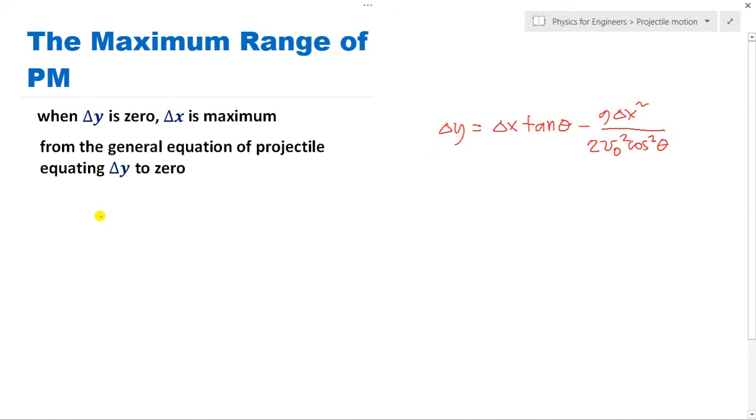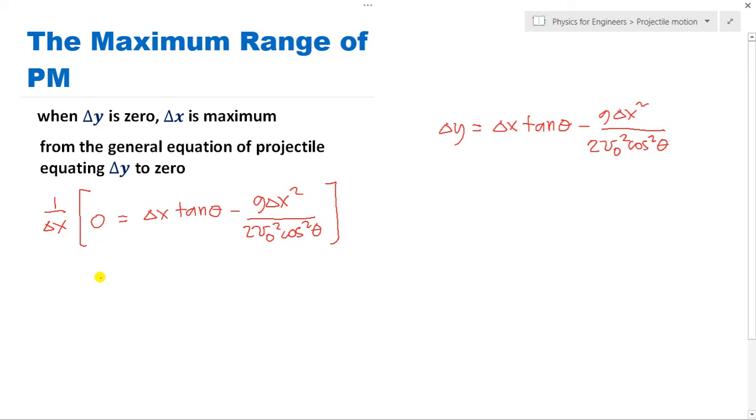So, here, we have 0 is equal to delta x tangent of theta minus g delta x squared all over 2 v naught squared cosine squared theta. In order to eliminate the square of our delta x, we multiply both sides by 1 over delta x.